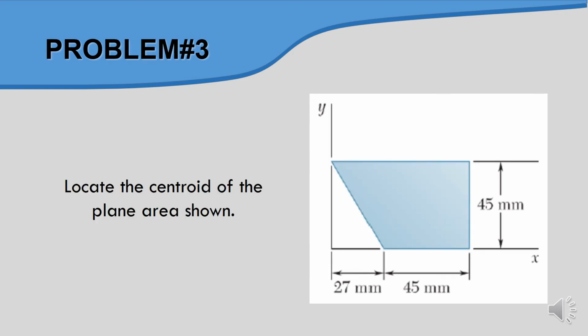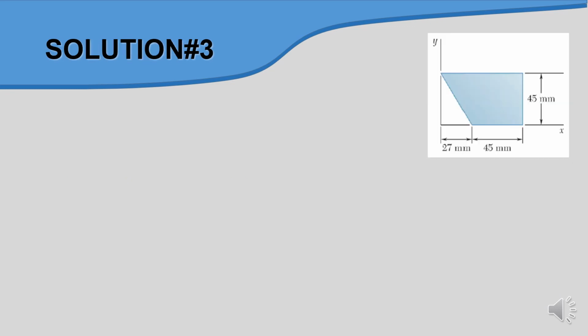Okay, but what happens to this shape? We need to locate the centroid of the plane area shown in this figure. There are two ways to settle this problem. Firstly, we look at method number one. You need to determine the area, and you need to split the shape into two.